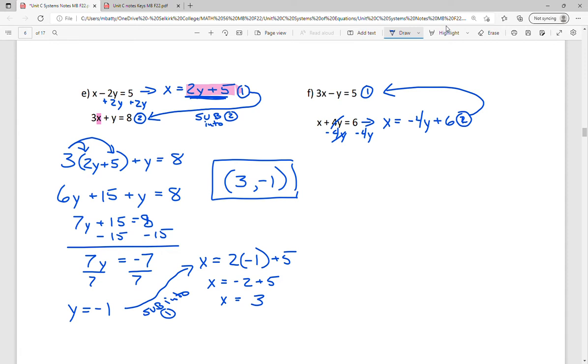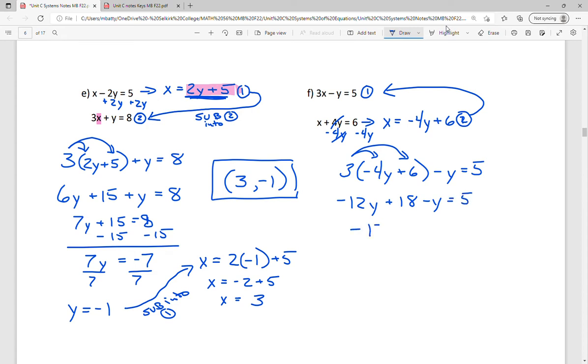So copying equation 1 out, now replacing the x with this big ugly thing down here, and copying the rest of equation 1, I can now solve for my y value. I've got distributive property. Copy the rest.